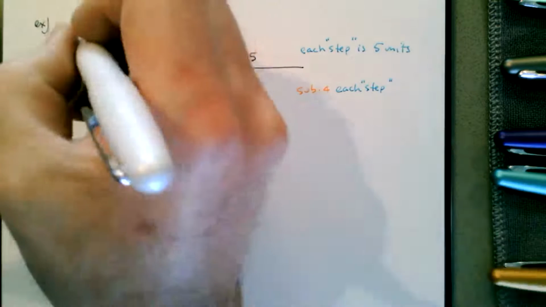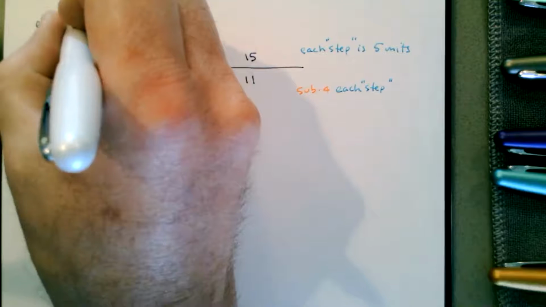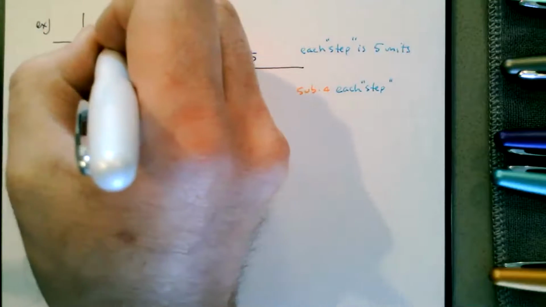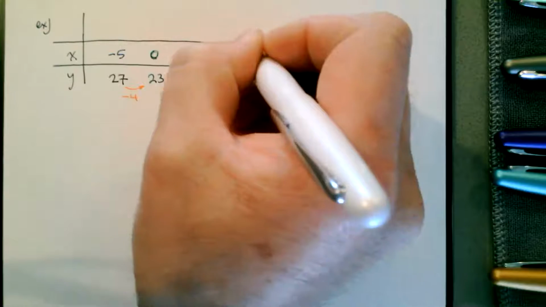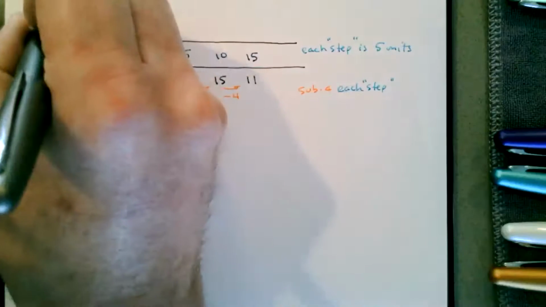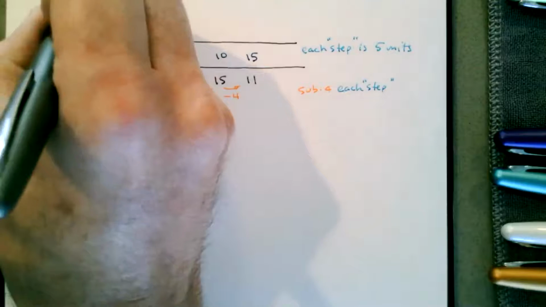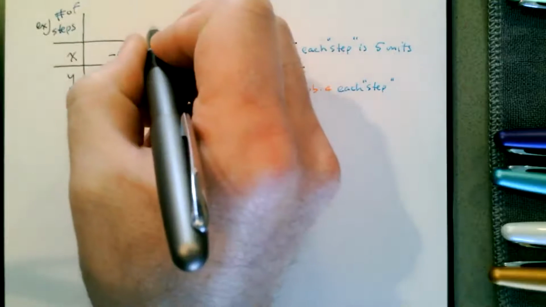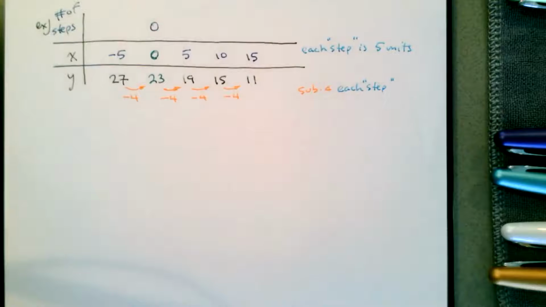So the line that I want to insert above the table is the number of steps. And I want 0 to be 0 steps.